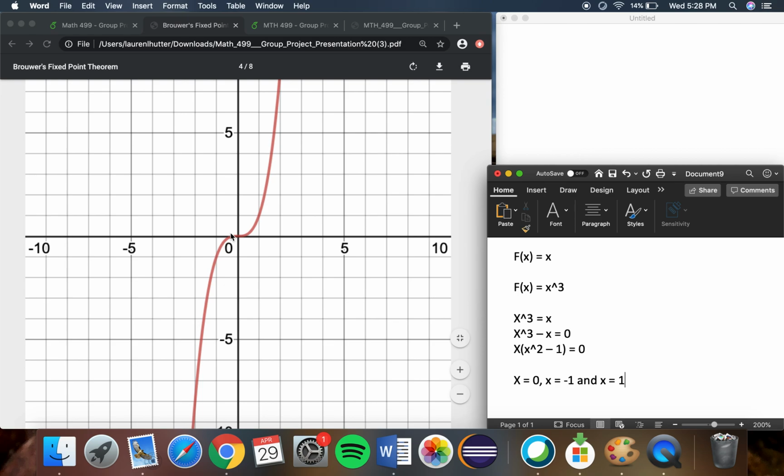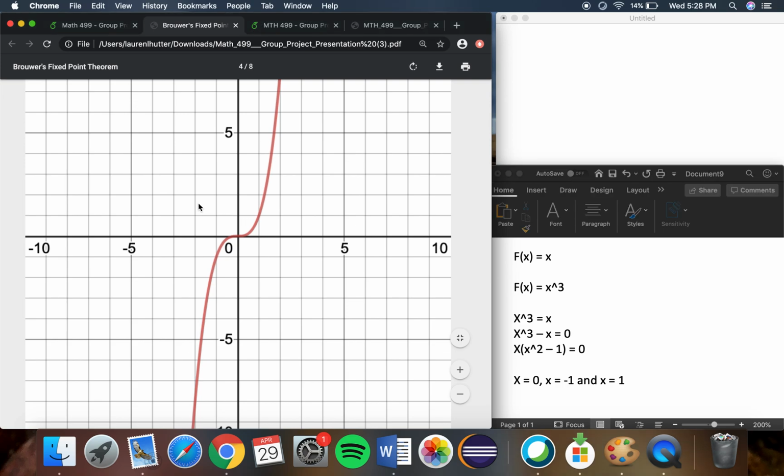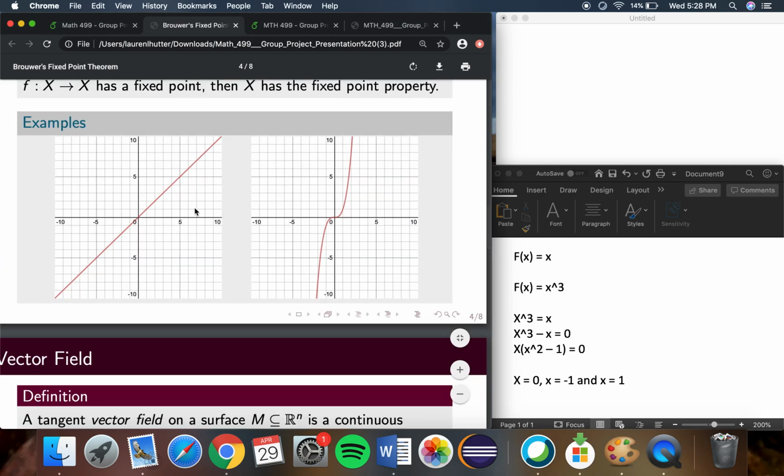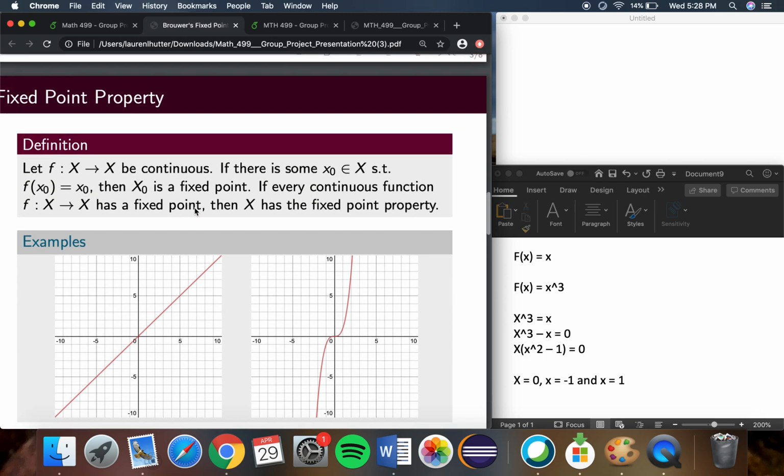And if we look at the graph, we can verify those. f of 0 is 0, f of 1 is 1, and f of -1 is -1. There are many mappings or functions like this which don't have fixed points, but since we're dealing with the fixed point property today, I just wanted to do a quick reminder of how we know what a fixed point is and where a fixed point is.